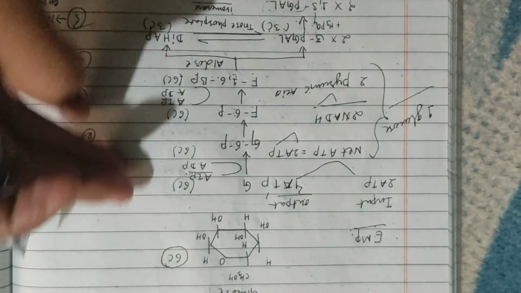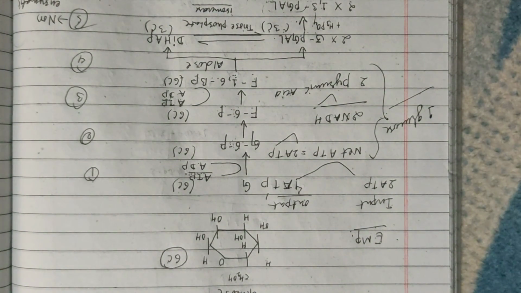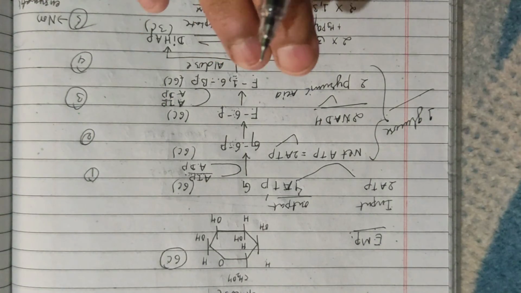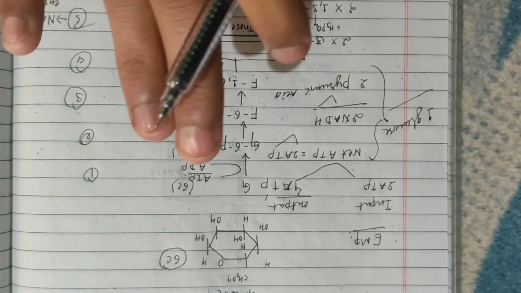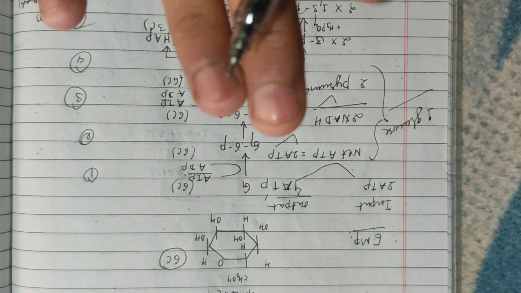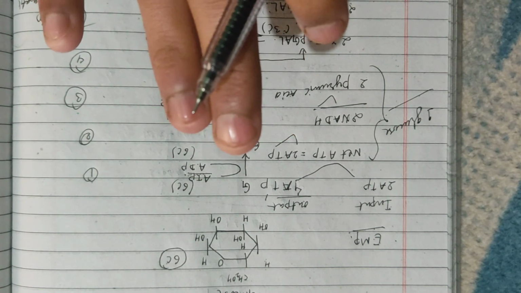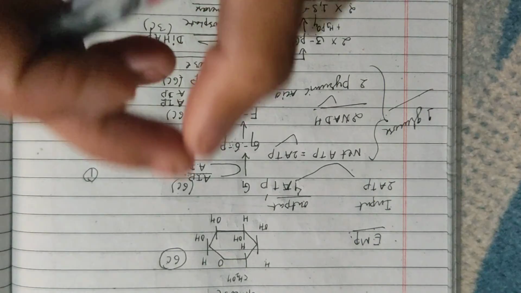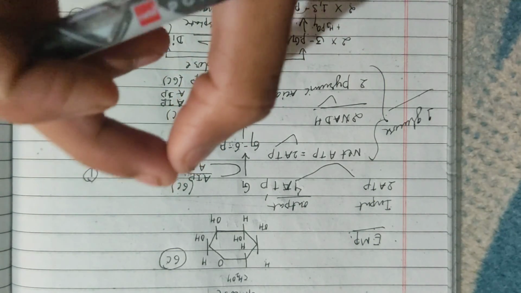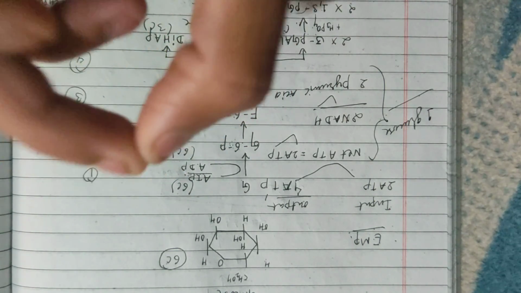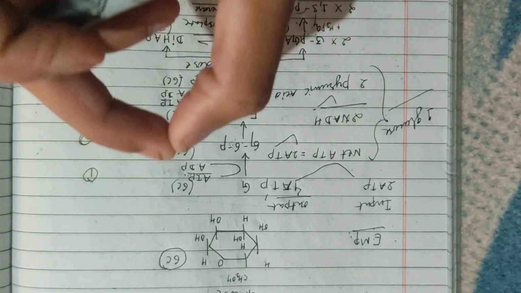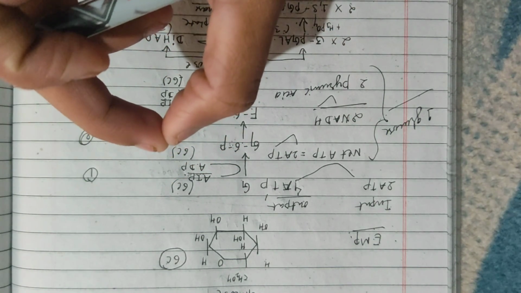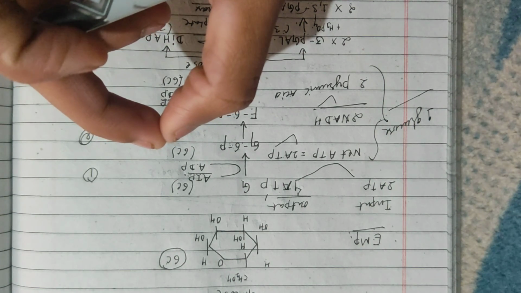There are a total of 10 steps in glycolysis, and no carbon dioxide is evolved, so no carboxylation reaction occurs in glycolysis. And the most important thing is that glycolysis takes place in the cytoplasm and occurs in both prokaryotic and eukaryotic cells. And thank you for your support.